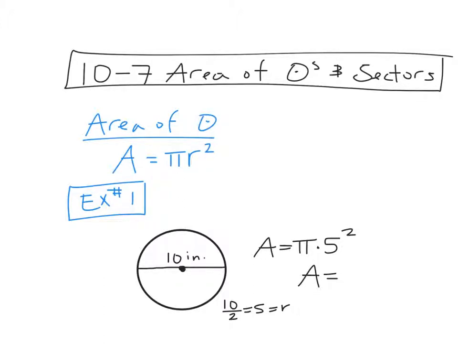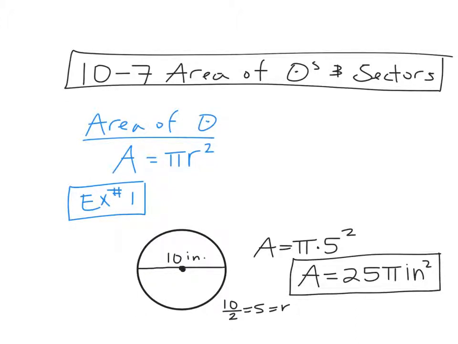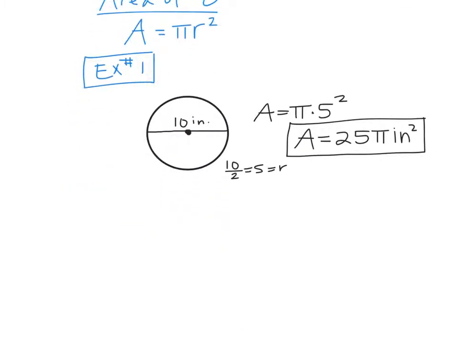The way we would write that would be 25 pi square inches, okay? When you're finding area, just make sure it's a radius. You might be given a diameter, you might be given a radius. You need a radius to be able to plug it in. All right, what about this one? Let's say this is 6 inches, and I want the area of that circle.